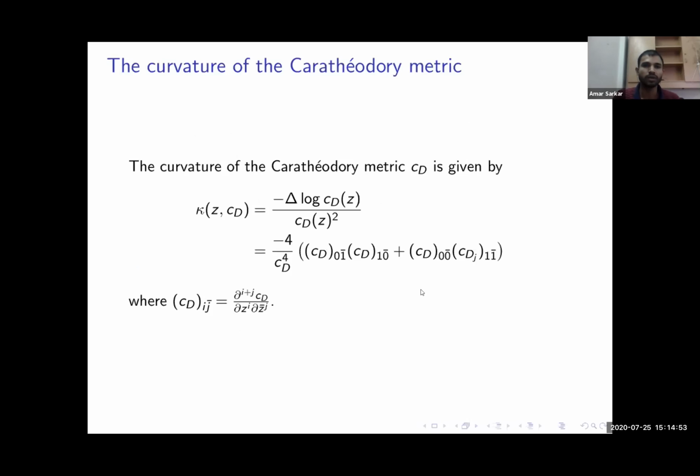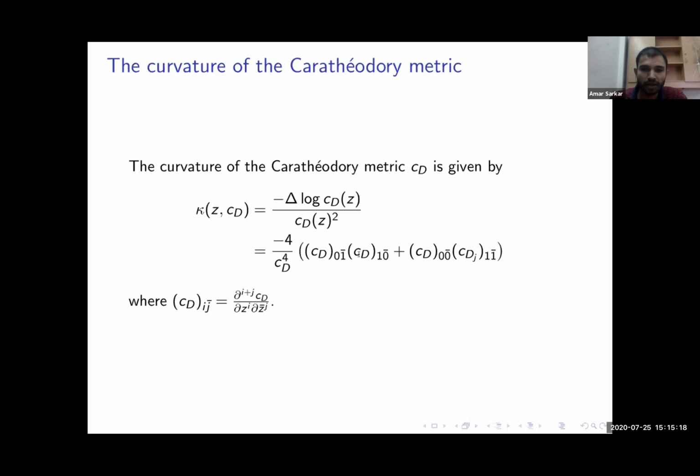Next, I want to talk about the Gaussian curvature of the curvature metric, and the Gaussian curvature of the curvature metric is defined to be minus of Laplacian of log of the curvature metric divided by square of the curvature metric. And if you expand this formula, you will get this expression here, actually this would be a negative one, negative in place of positive.